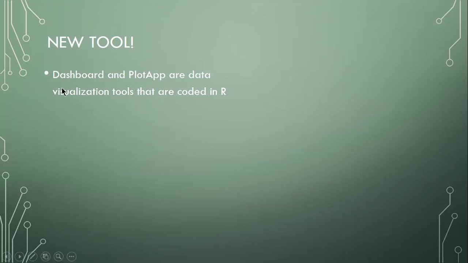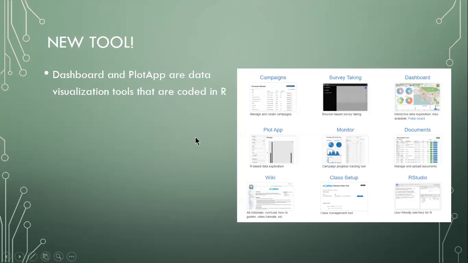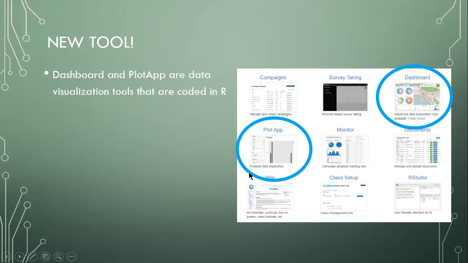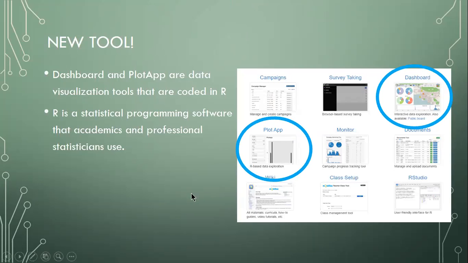There's a lot of coding behind the dashboard and the plot app that we're not seeing, but they don't do everything that we might want to see. So we have to use Rstudio to get a more in-depth analysis. Our dashboard we did here, our plot app we did here.